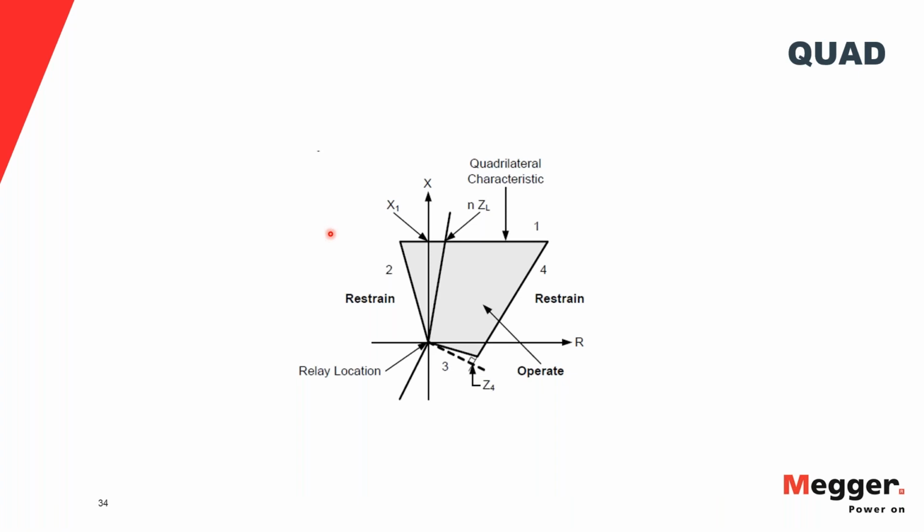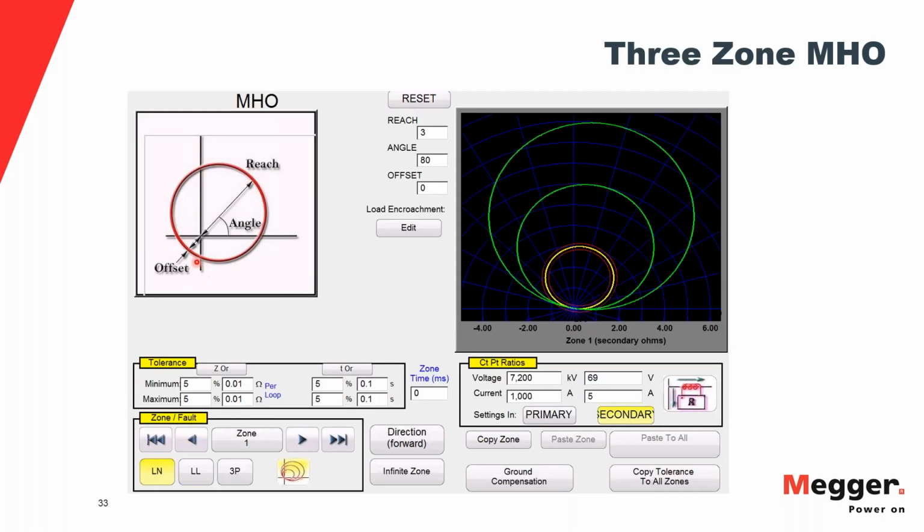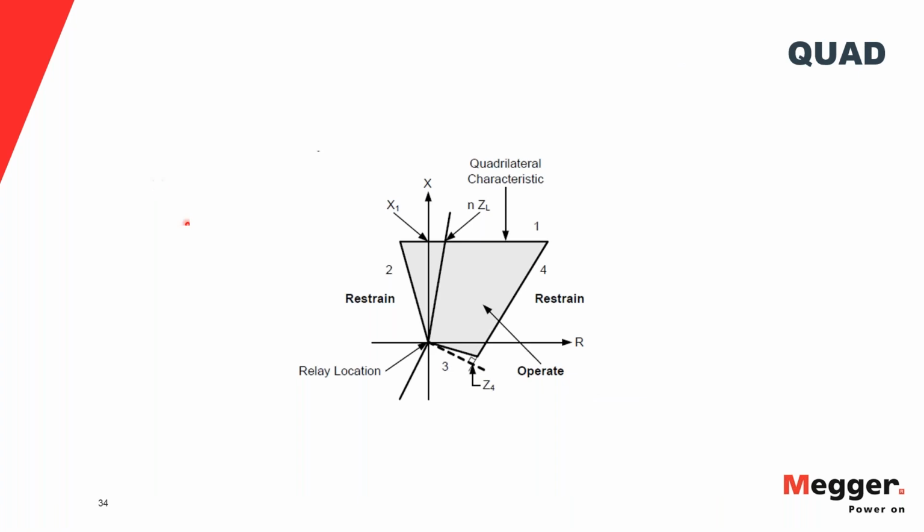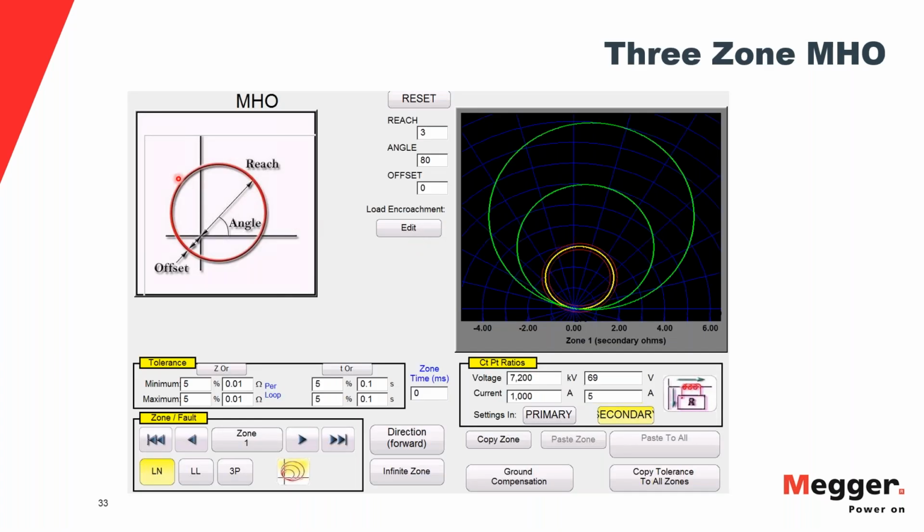So another very popular characteristic out there is the quadrilateral. The thing with the quadrilateral is that you're not restricted by the circle form, so you can change this line at will, and you can make it so that, for instance, it doesn't trip for any reactance higher than this value here. You can see this is a straight line, whereas in the Mho you cannot do that, because you have a reactance here, and it will trip for any reactances up to this point.